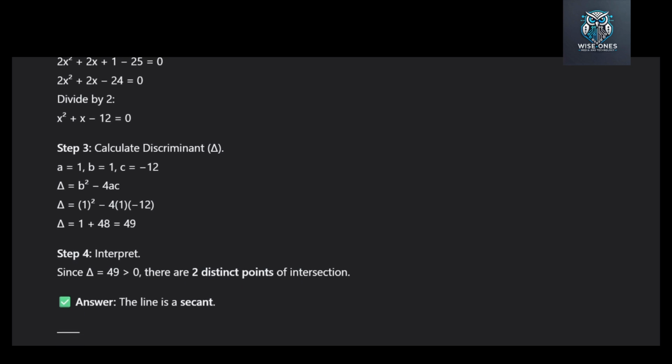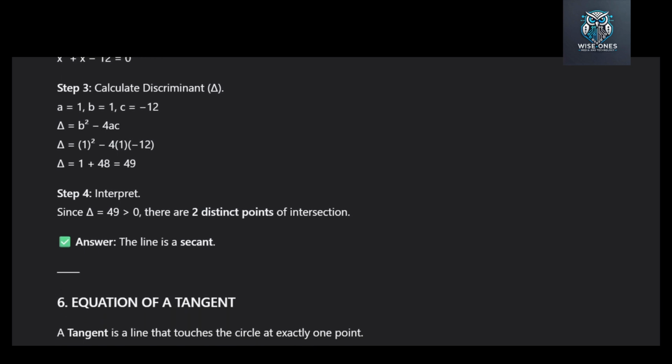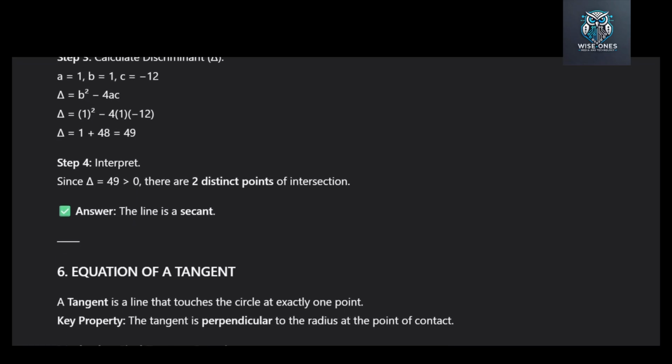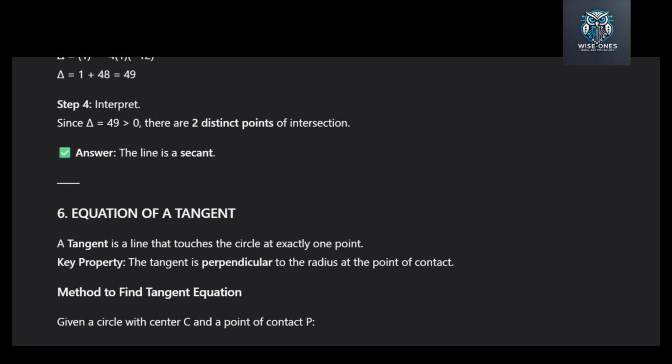Delta equals 1 squared minus 4 times 1 times negative 12. 1 squared is 1. 4 times 1 times negative 12 is negative 48. So delta equals 1 minus negative 48. Minus negative becomes plus. Delta equals 1 plus 48. Delta equals 49.